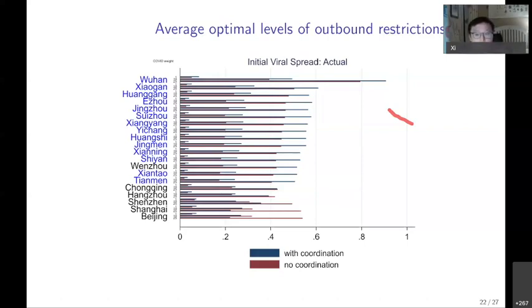And this is consistent with our model because one important term, as I showed, is that the centrality of the epicenter or the city near the epicenter is critical to be restricted in order to have the optimal restrictions. But interestingly, we also see some other cities outside Hubei province that need to be prioritized to be restricted, like Wenzhou, Chongqing, and other cities.